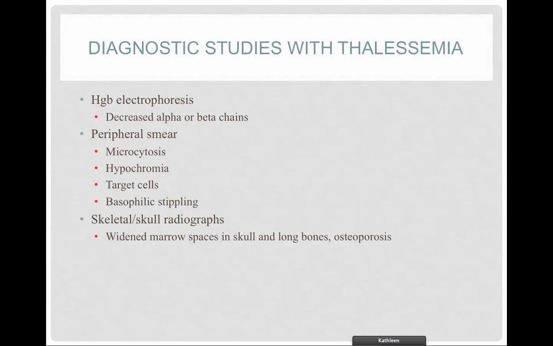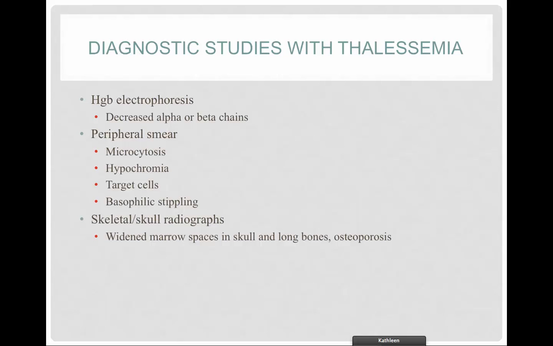Again, with hemoglobin electrophoresis, we look specifically at alpha and beta chains, and they're both decreased. Peripheral smear will show microcytosis and hypochromia, which is that pale cell. Patients might show target cells on the CBC, and these are very abnormal blood cells.